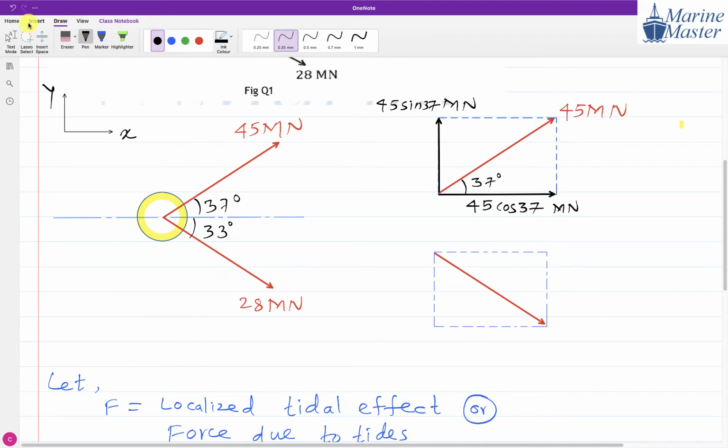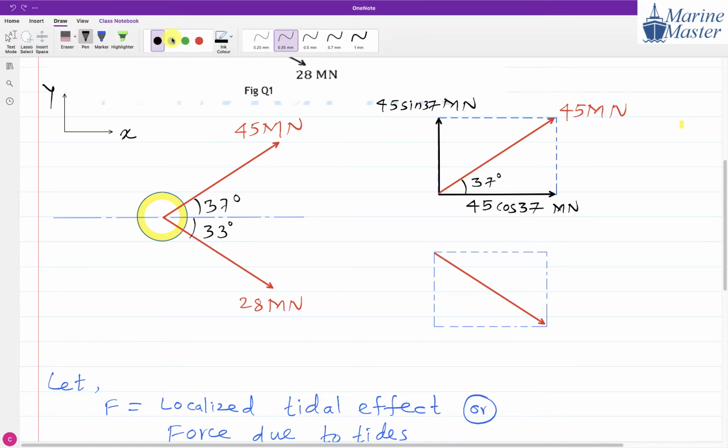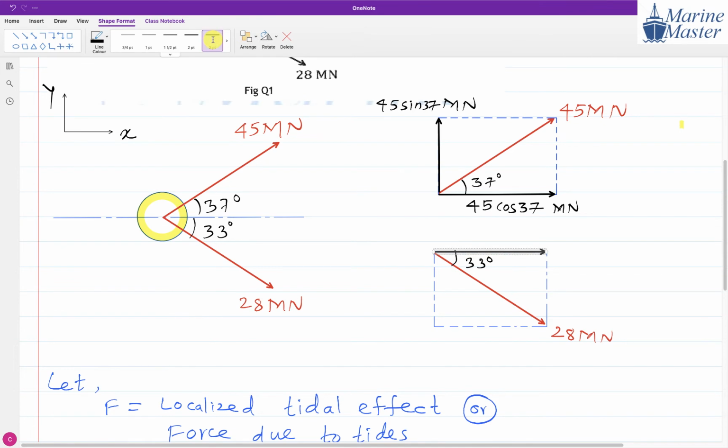This is our 28 meganewton. This angle is 33 degrees. So this is one component in x direction. Observe carefully, this is one component in x direction.